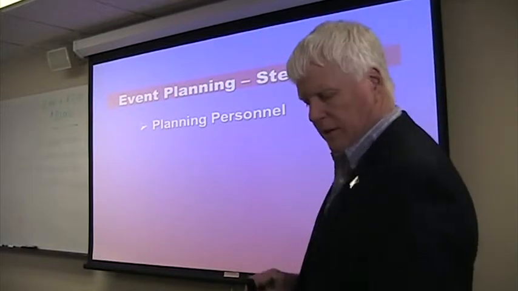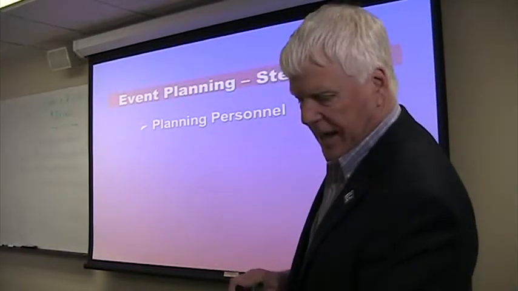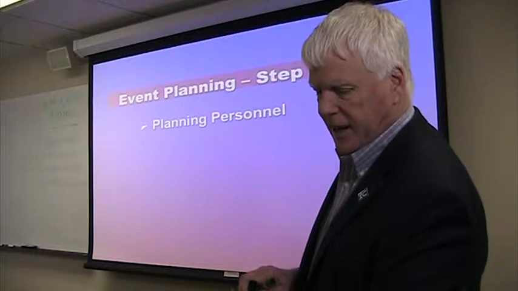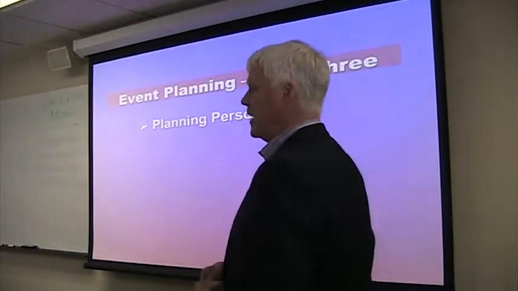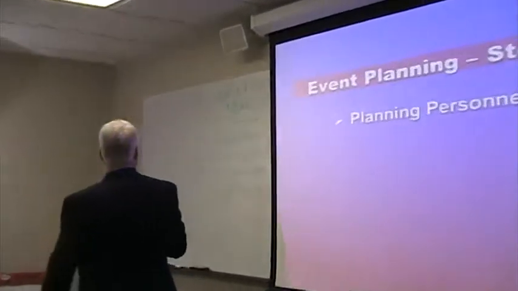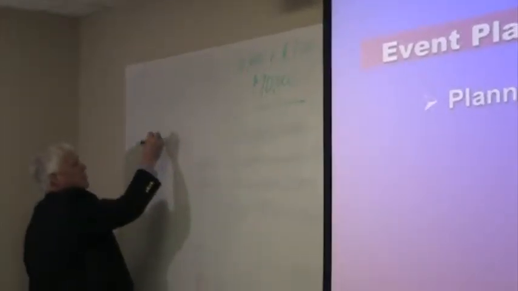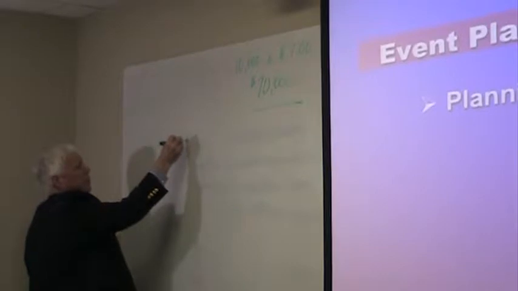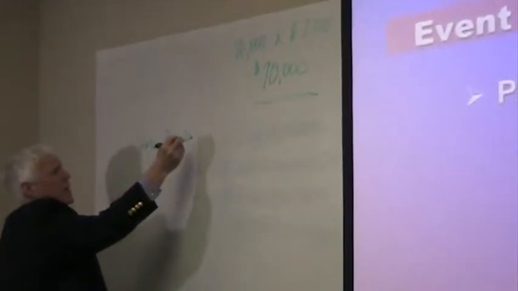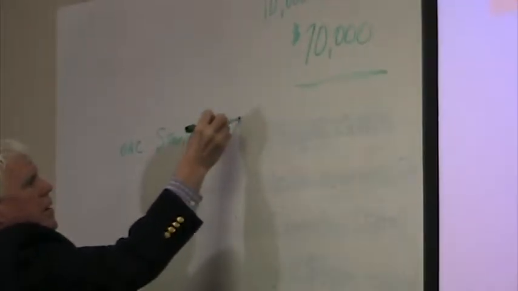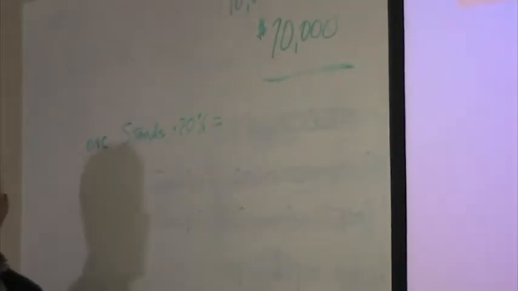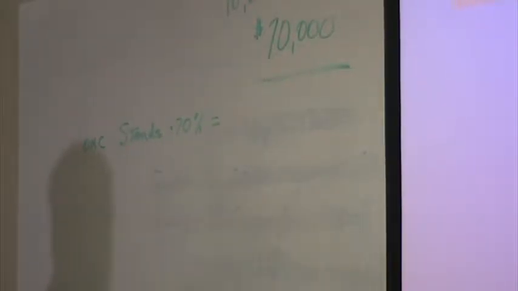Well, let's now go to the other page, where it says projected sales breakdown in the area, concession stands. I said concession stands are going to be 70%. What does that equal in total sales, just in the concessions?